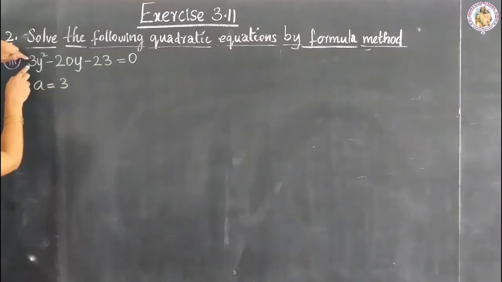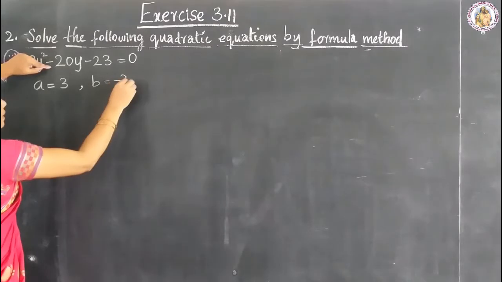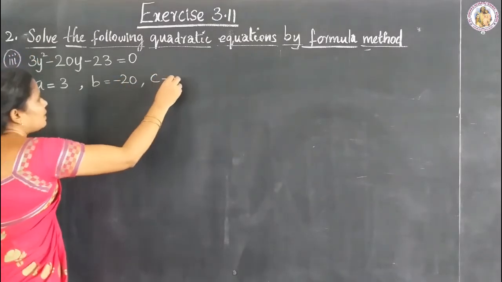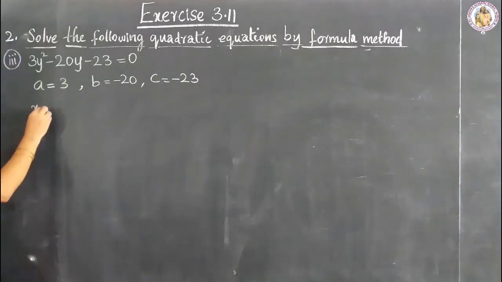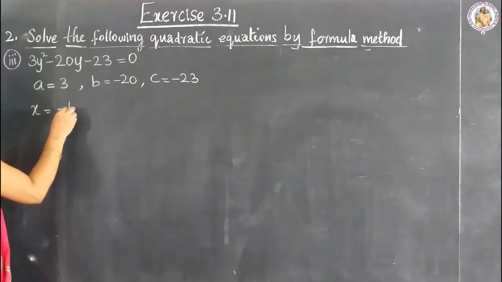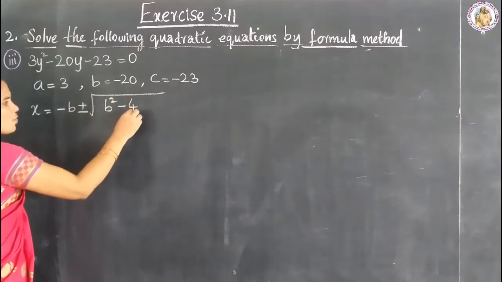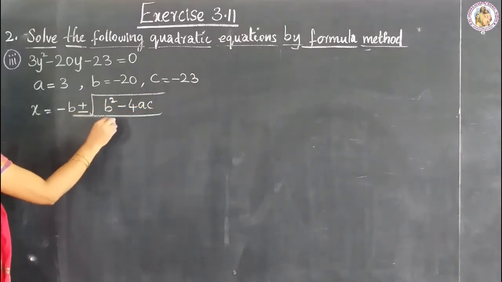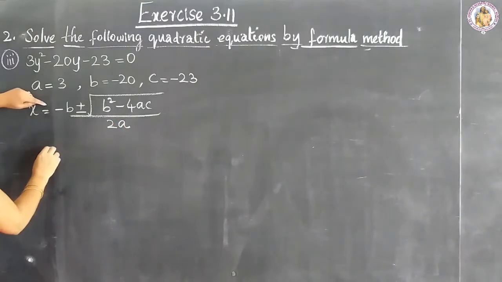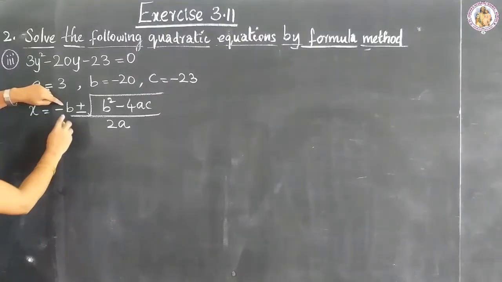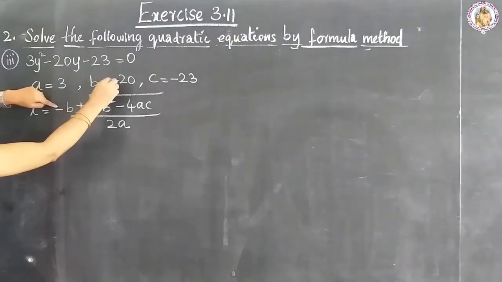Of y square is 3, and b is equal to minus 20 and c is equal to minus 23. Okay, now x is equal to minus b plus or minus square root of b square minus 4ac by 2a. Now substitute the values of a, b and c. x is equal to minus b, and b is minus 20.